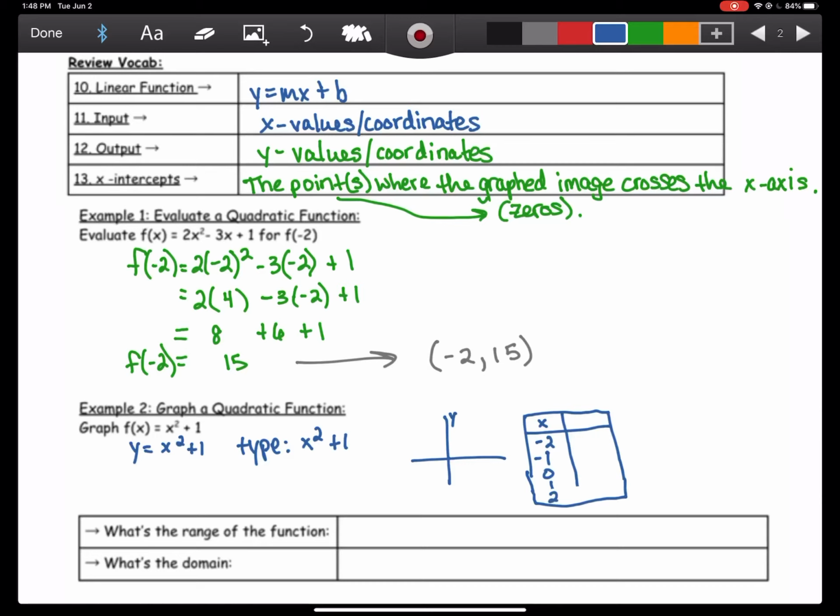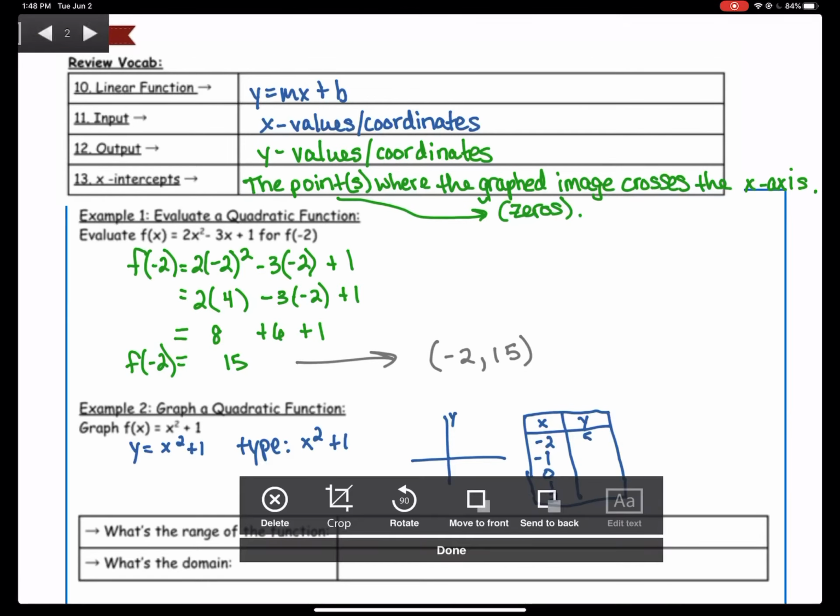Notice how I started with a number and went from 0 up and down 1 in either direction, and then 2 in either direction.